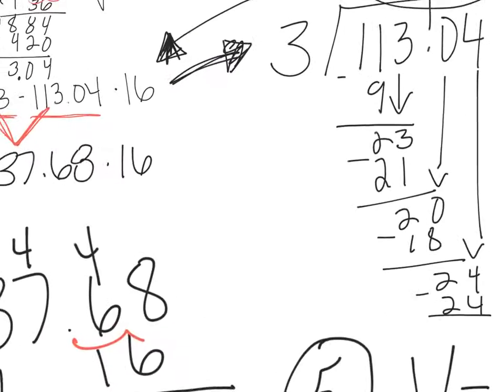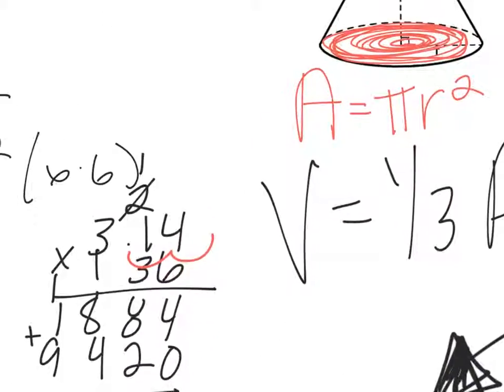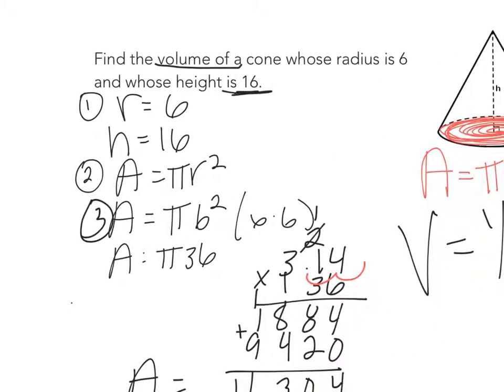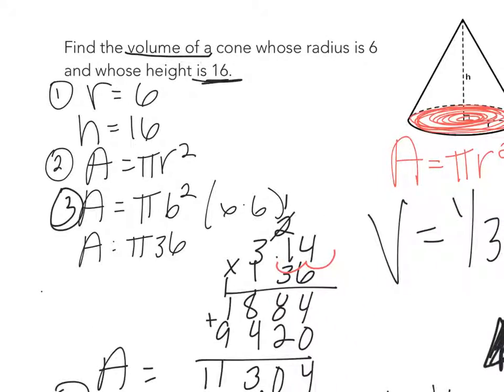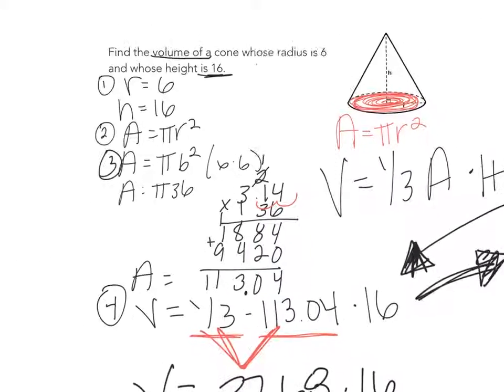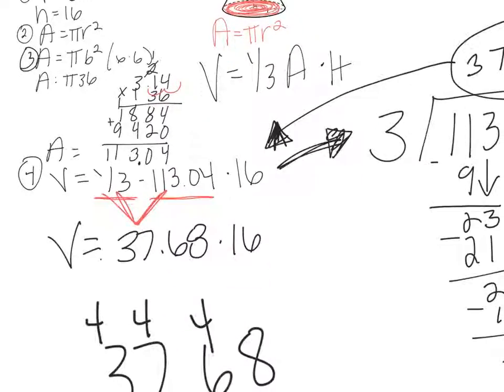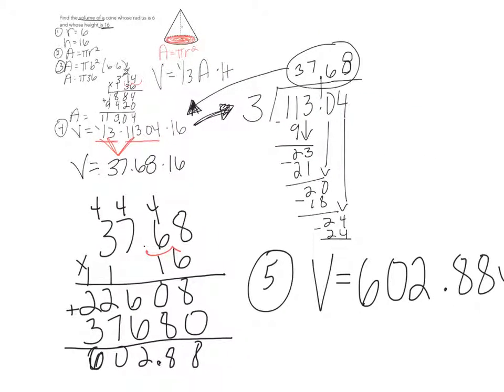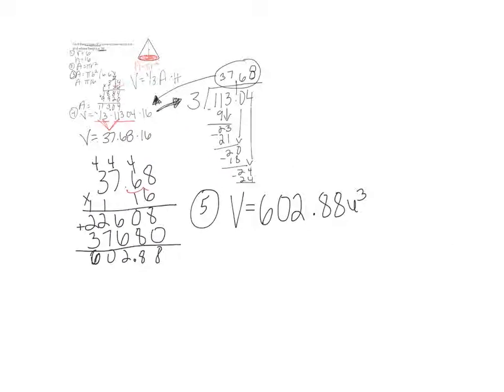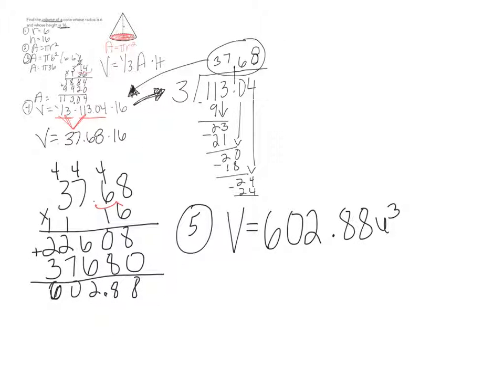Going back to our very beginning step of identifying our information, plugging in to find area, plugging that in to find volume, and then all this extra math that we had to do to find the area of the circle. We had to do all this extra math to divide and then multiply again to get our final answer. So it is so important that we keep track of our work.